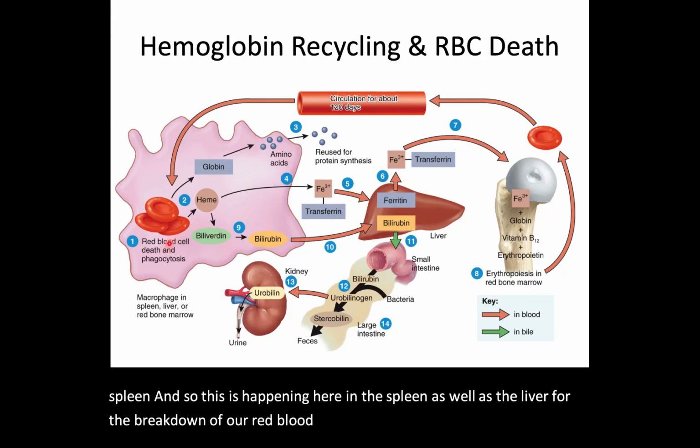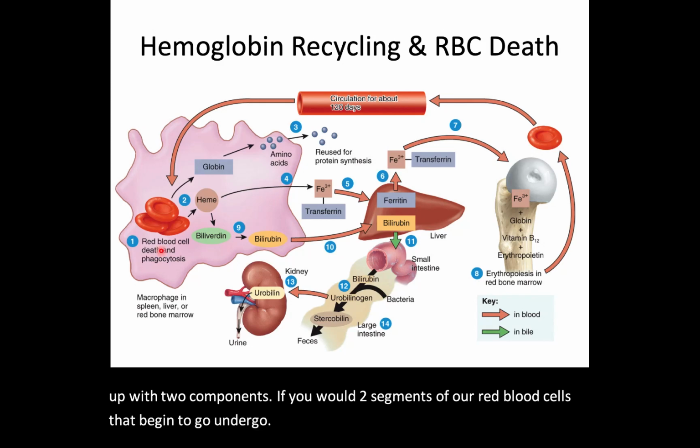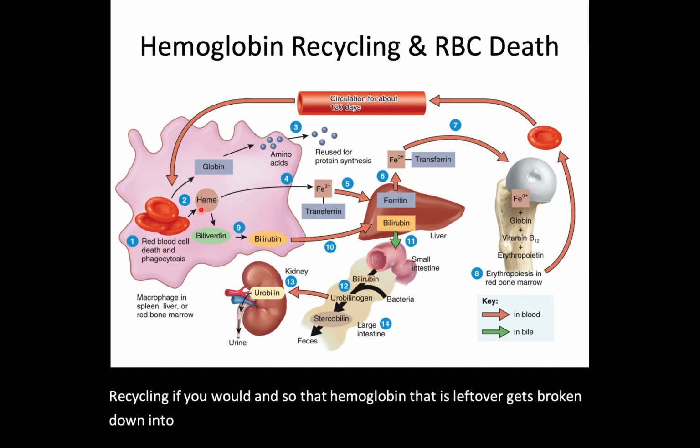What we end up with are two components of our red blood cells that begin to undergo recycling. The hemoglobin that is left over gets broken down into globin and a heme group.